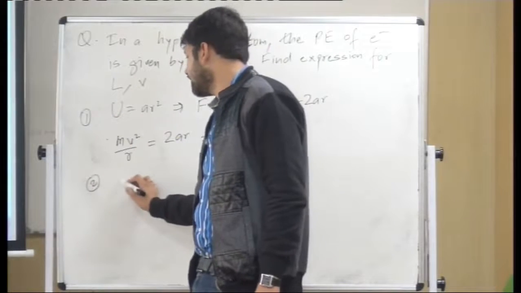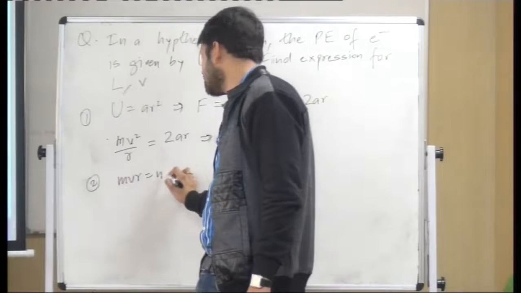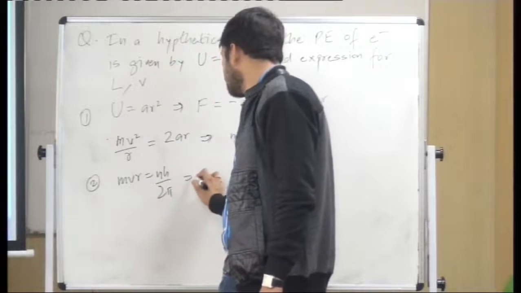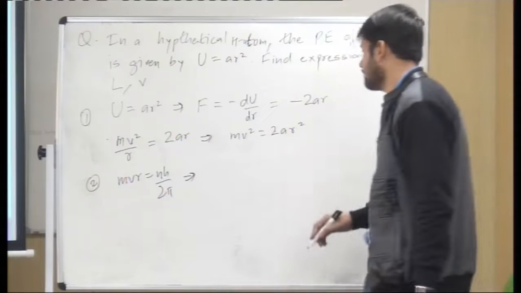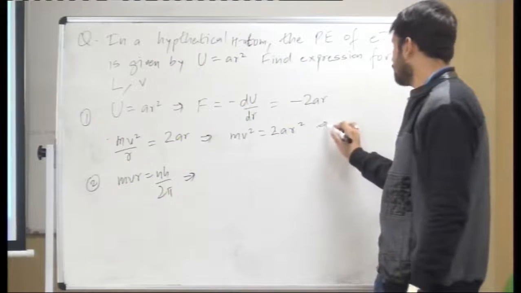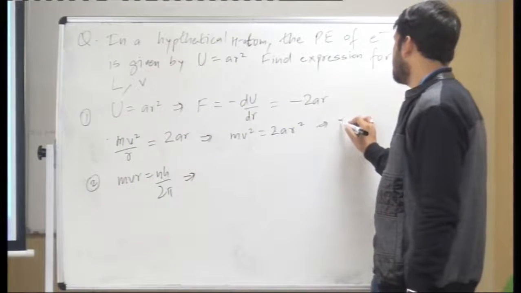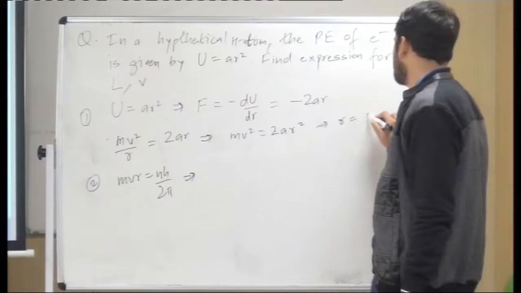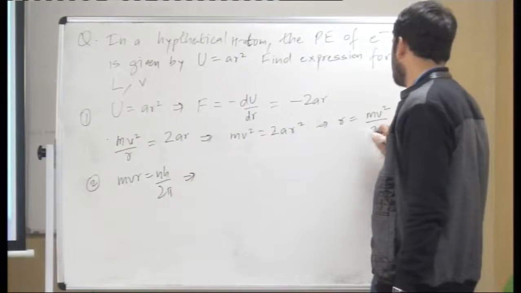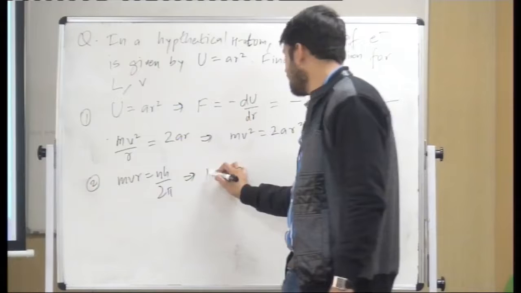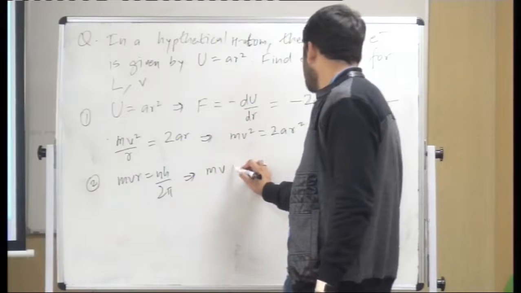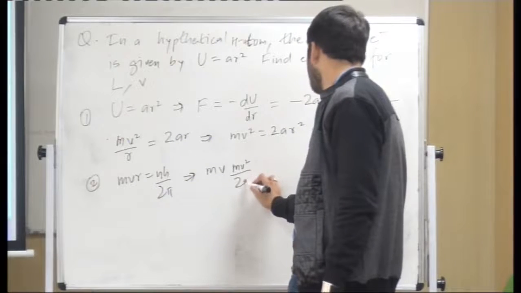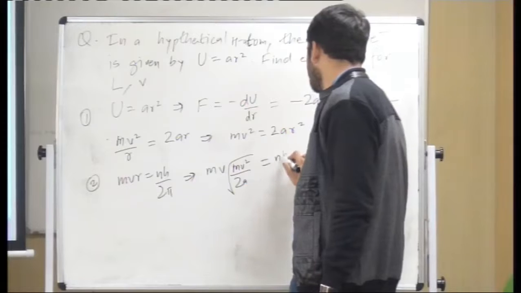The second postulate is mvr is equal to nh upon 2 pi. Use this one as well. Okay, you can write r as mv square by 2a under root. So this would be mv into mv square by 2a under root is equal to nh upon 2 pi.